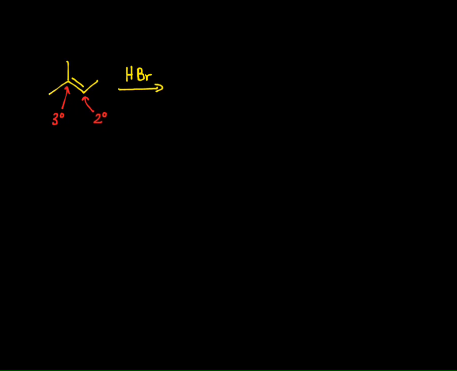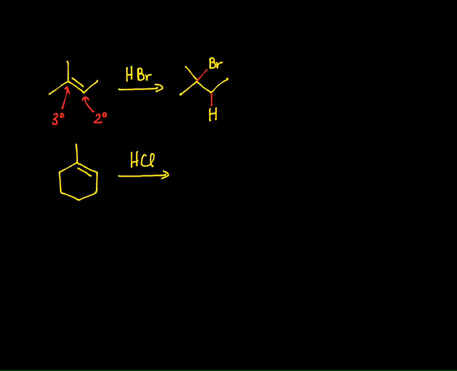The right carbon would produce a secondary carbocation. And therefore, I know the tertiary carbocation is going to be formed over the secondary carbocation, and the halide is going to attack that tertiary carbocation, and I end up with this regioselectivity. So the only product that I make in this reaction is 2-bromo-2-methylbutane.